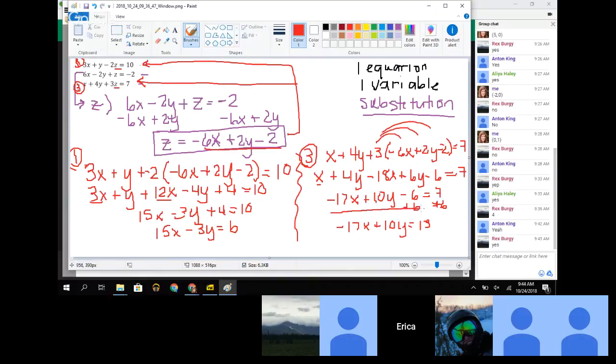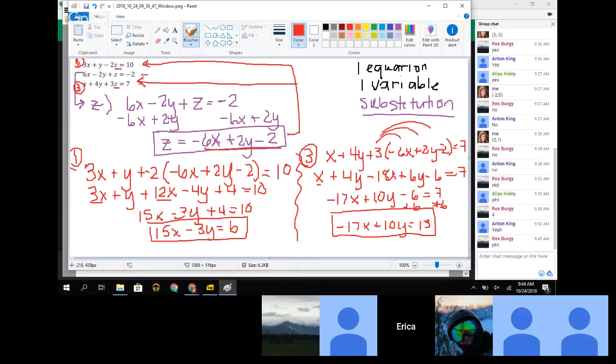Okay, so now I have all of that work. Now I have 2 equations, and how many variables do I have? I have 2 equations, but I only have 2 variables, right? That's good, because now I'm kind of back to my homework that I did in 3.2. When I have 2 equations and 2 variables, I know how to solve this, right?